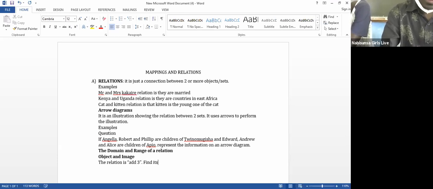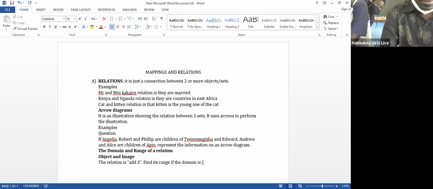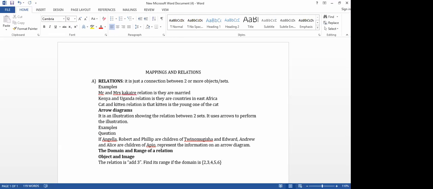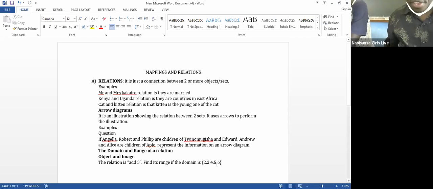Find its range if the domain is 2, 3, 4, 5, 6. I'm just using random values. So the objects here are 2, 3, 4, 5, 6. Those are objects.